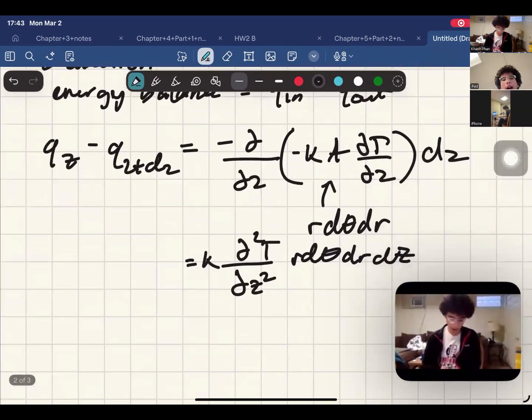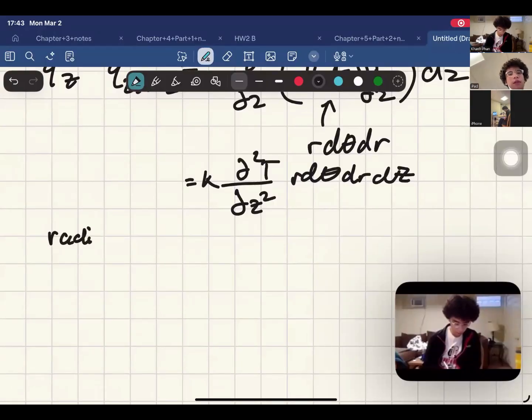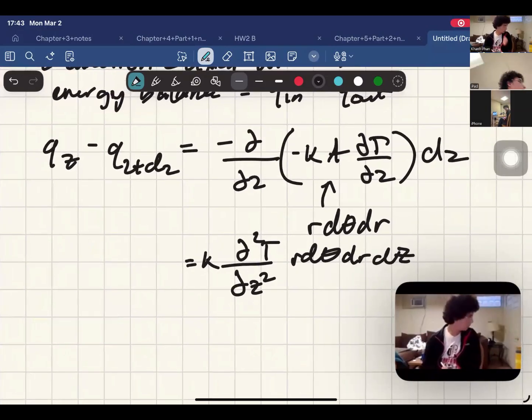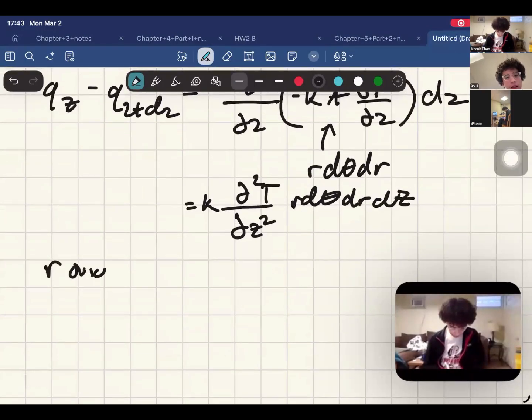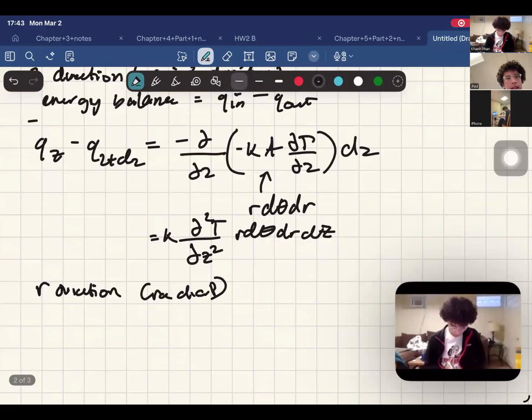And then now we're gonna move on to the radial. So this z direction is just the axial direction. And then for the r direction, or radial direction, we have the same thing up here.